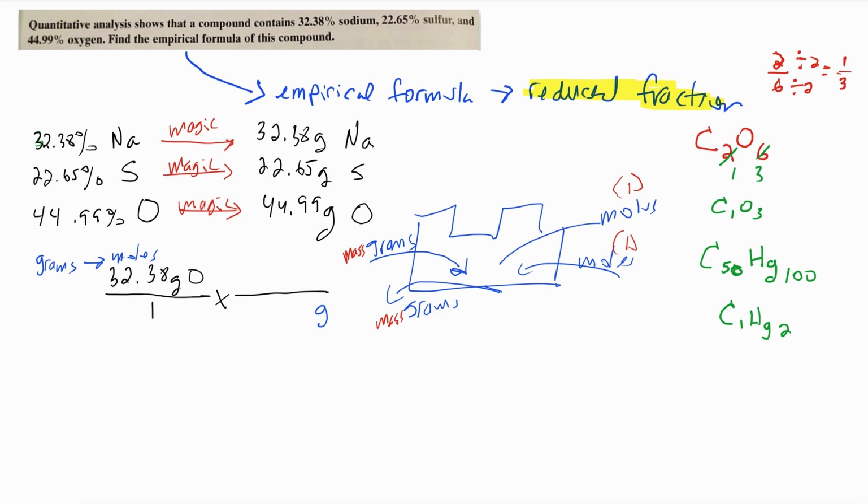So what am I going to put for my grams right there? It's always going to be the mass from the periodic table. Oxygen: 16 grams. Now let's see if you're paying attention. What goes up here?